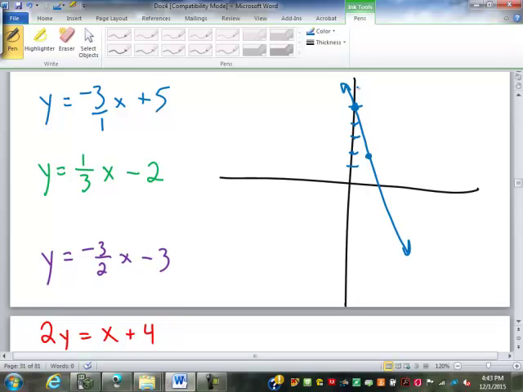Any questions on how we got it? Next one, the green one, where do we start? Negative 2. And from there we go up 1 over 3.